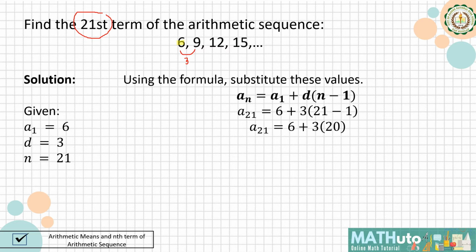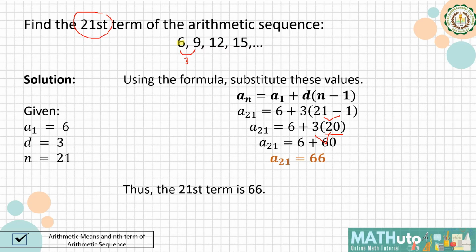Simplifying the operation inside the parentheses, 21 minus 1 will give us 20. Then, let us multiply 3 and 20. This will become a sub 21 is equal to 6 plus 60. And lastly, adding 6 and 60 will give us 66. Therefore, the 21st term of the sequence is 66.